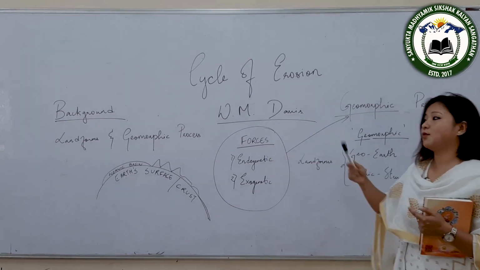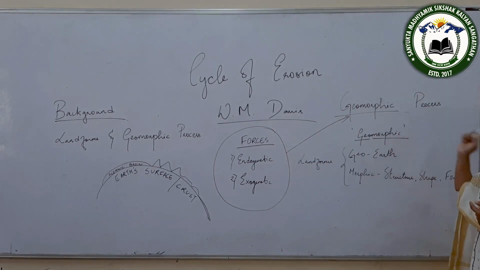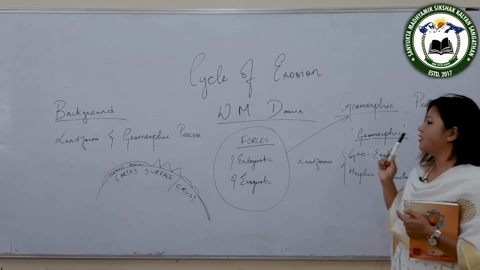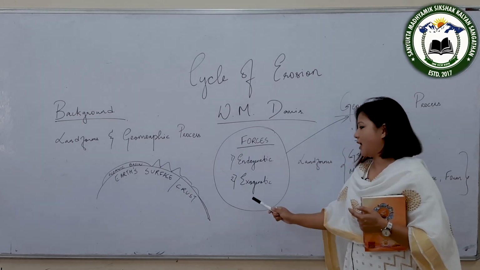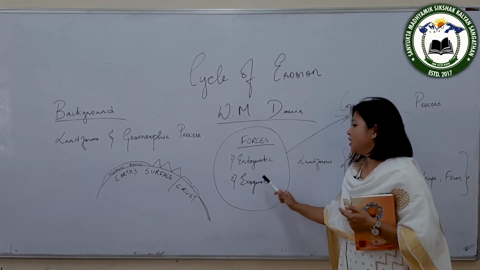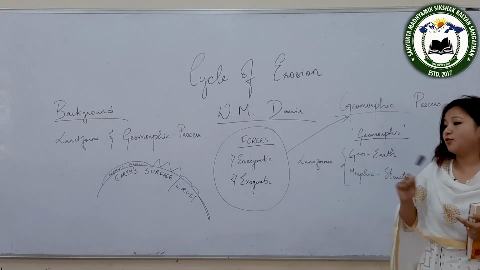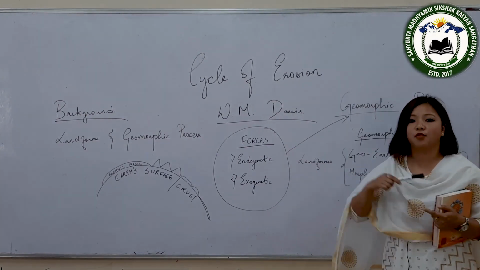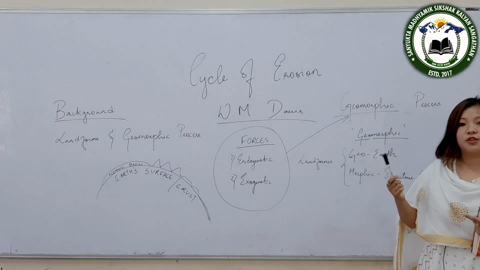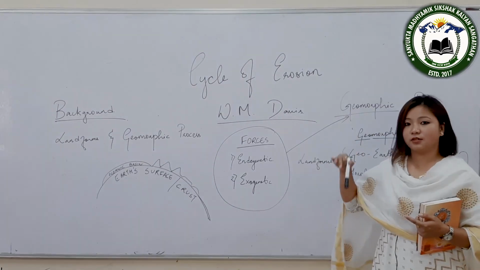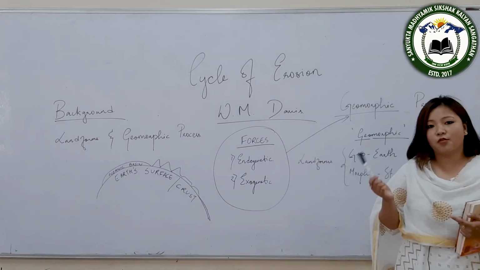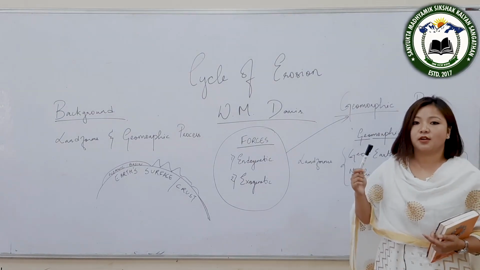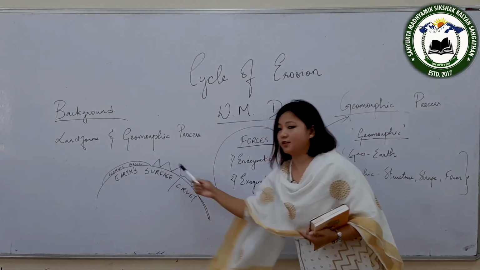In other words, the geomorphic process revolves in and around two major forces, namely endogenetic force and exogenetic force. Endogenetic forces are the forces which evolve from within the interior of the earth, and the exogenetic forces are the forces which act upon the earth's surface.